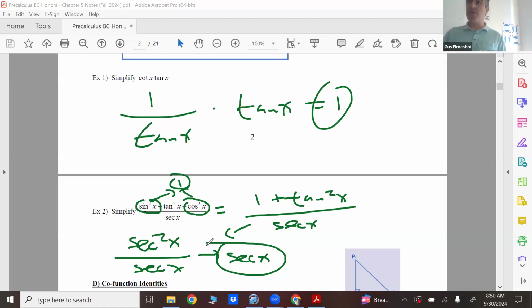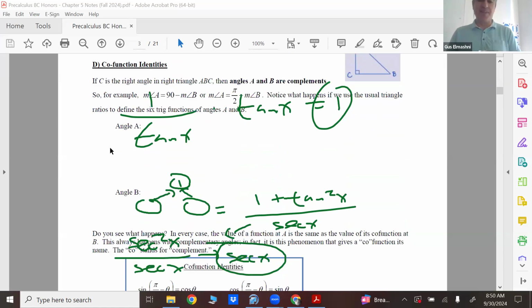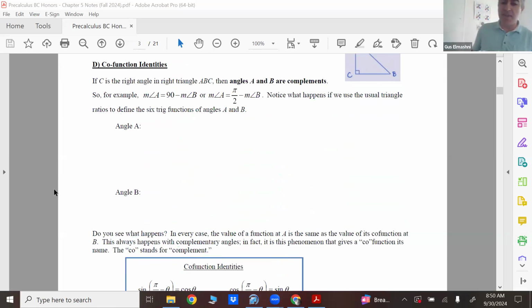As we move on to calculus, when you start doing derivatives or integrals, all these wacky calculus things, we'll start doing some calculus less than a year from now in this class. You're going to have these expressions to deal with, and you have to be able to simplify them to make it easy to do calculus. That's why we're doing this, not to torture you guys, but to really make your life easier next year. So anyway, let's move on to the next one, cofunction identities.